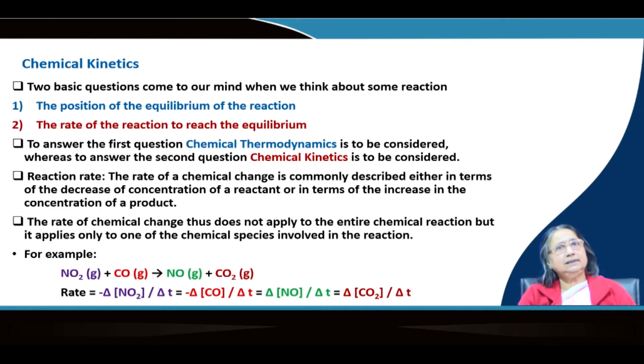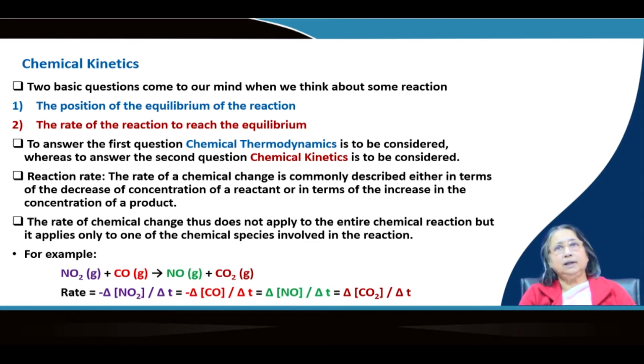Two basic questions come to our mind when we see a reaction. First, the position of the equilibrium of the reaction. That means, how far the reaction will go. This is already covered in chemical equilibrium. And the second question is the rate of the reaction.